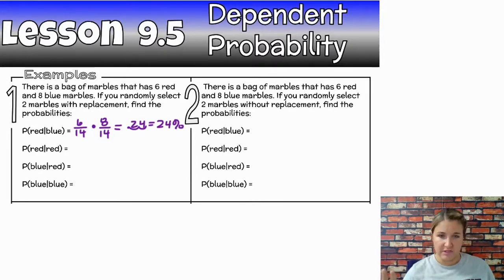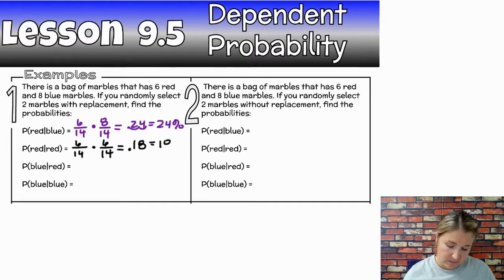So notice that my denominator didn't change there. Now let's look at red and then a red again. So the probability that you get a red the first time is 6 out of 14. But then you put it back, and then you draw another one, and you have a possibility still of 6 over 14. And so that gives you 0.18, or 18%.